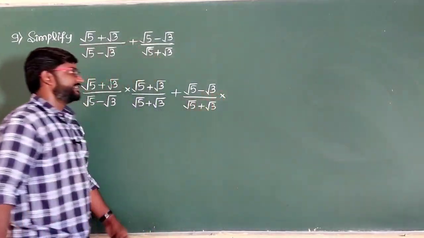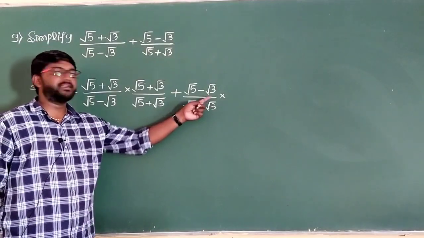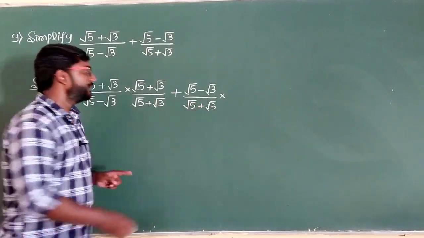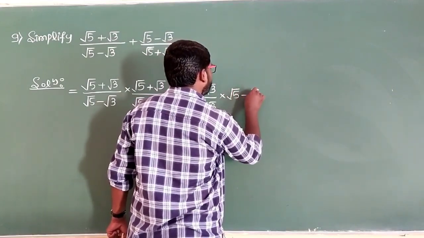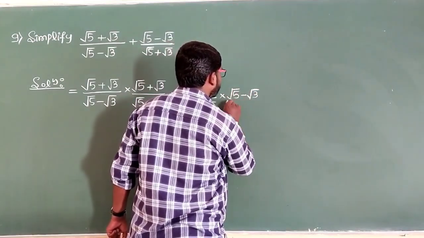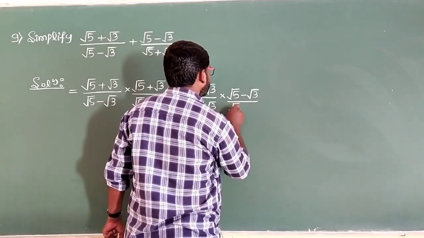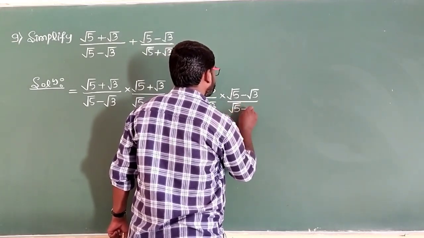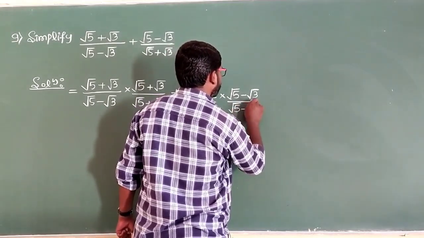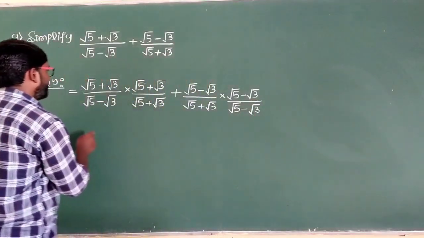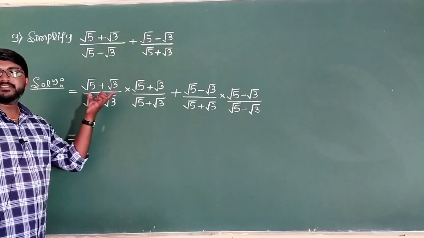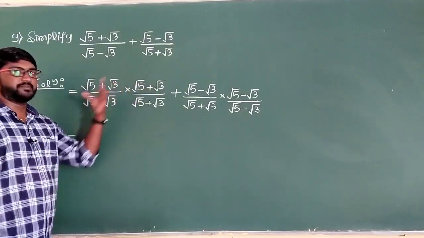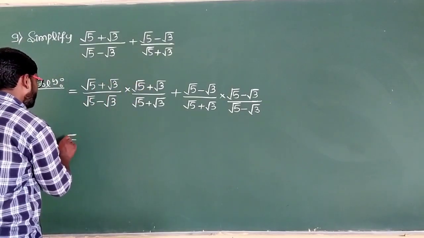Now go for rationalizing the denominator. Multiply and divide by the opposite sign of the denominator, which is root 5 minus root 3 divided by root 5 minus root 3. So let us simplify this. Here the numerator is in the form of a plus b into a plus b, which is a plus b the whole square.